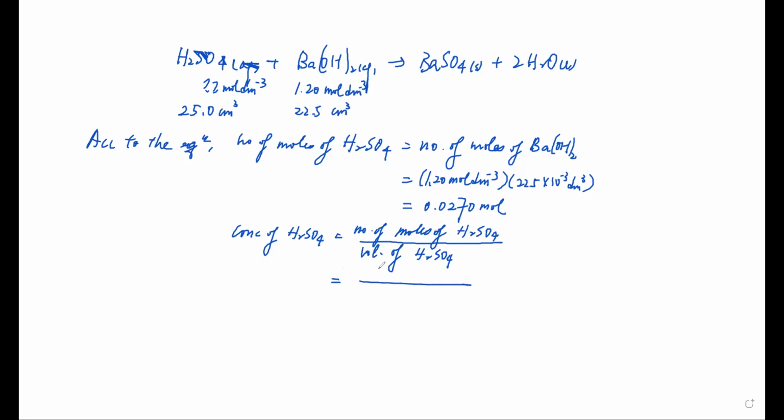So you may get 0.0270 mole over dm cube. Remember, dm cube. So the volume of it is 25.0 times 10 to the power minus 3. So you may get the answer is about 1.08 mole per dm cube.